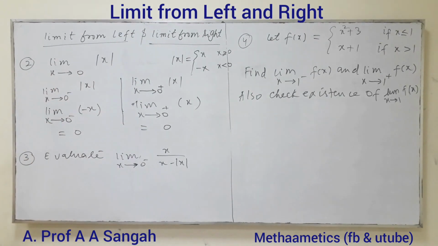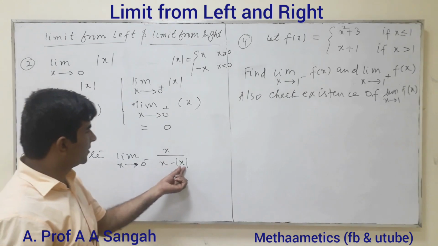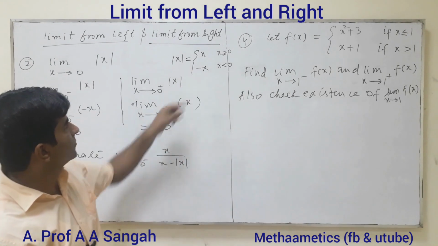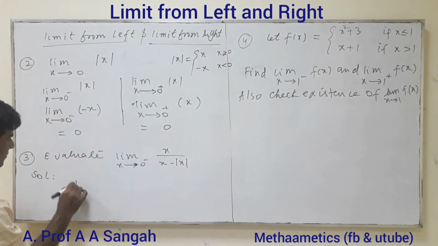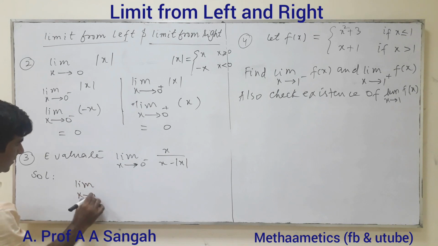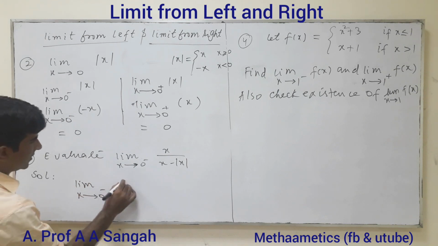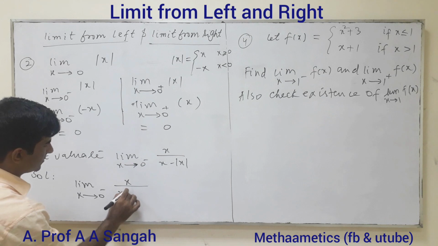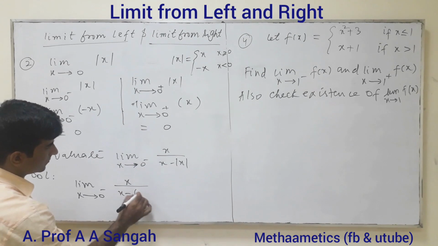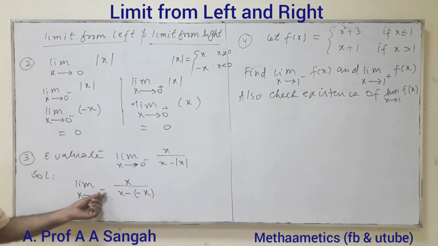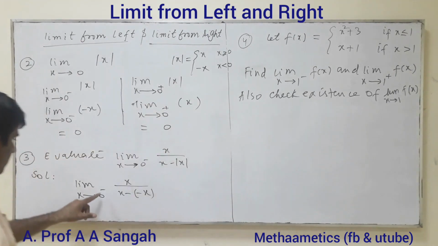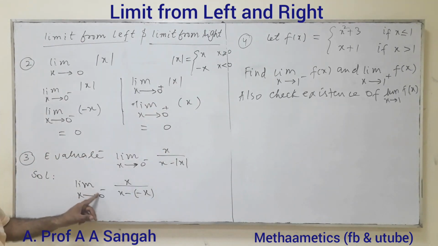Now here we have the limit from the left. Solution: limit from the left means it becomes minus x according to this definition. Limit as x tends to 0 from the left hand side, we have x upon x minus, this becomes minus x because it is from the left hand side, the values being less than 0.